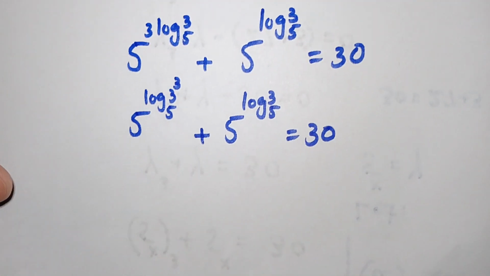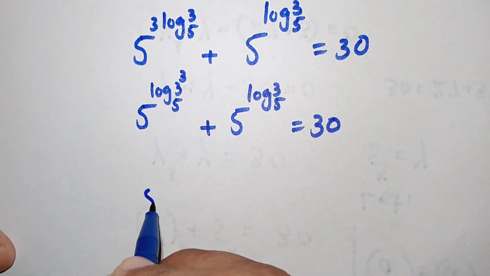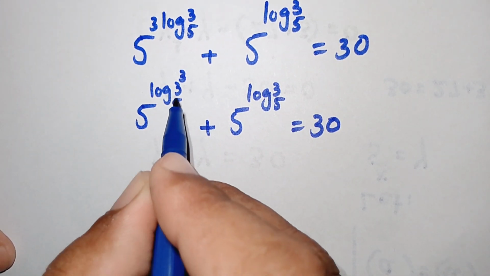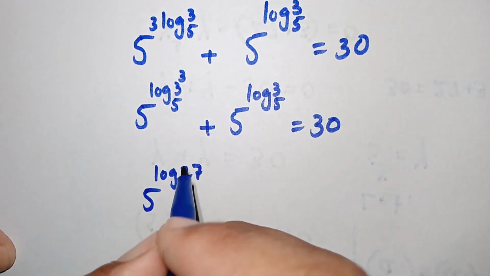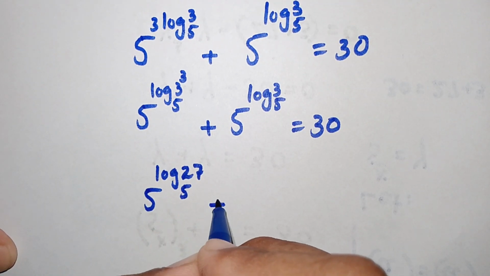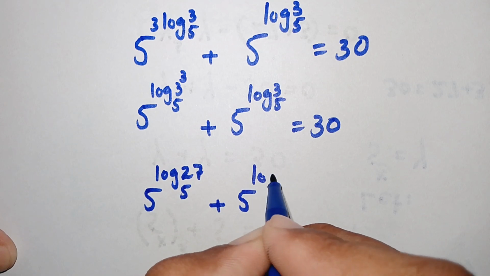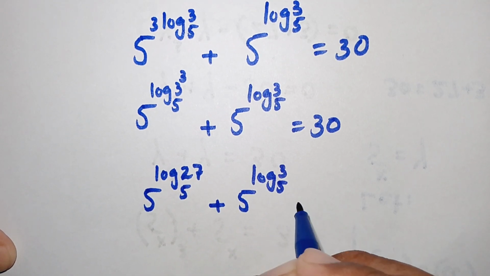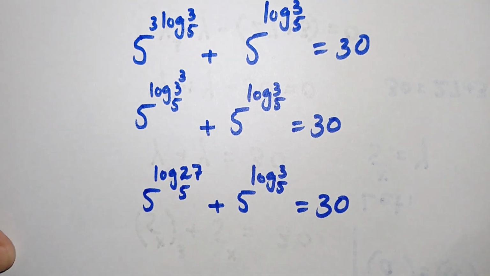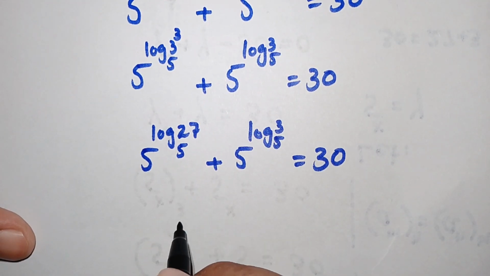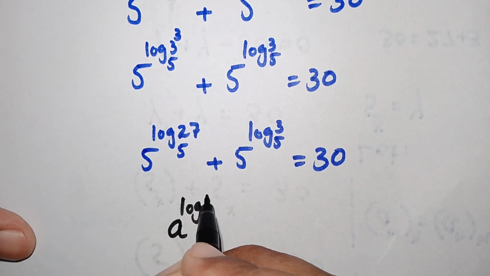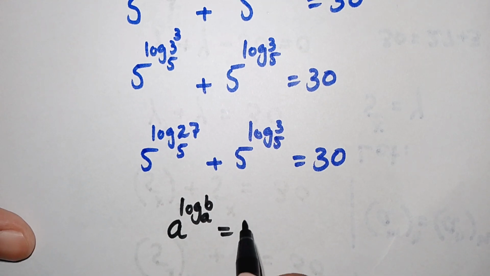Now in the next step, 5 to the power of log of 3 to the power of 3, this is equal to 27, with base 5, plus 5 to the power of log of 3 with base 5, which is equal to 30. Now here we know that a to the power of log of b with base a is equal to b.